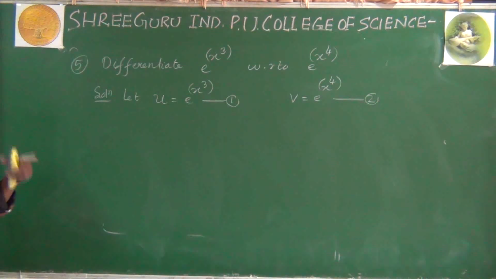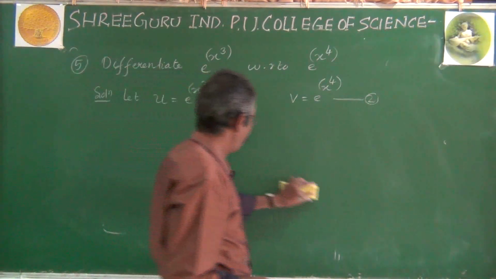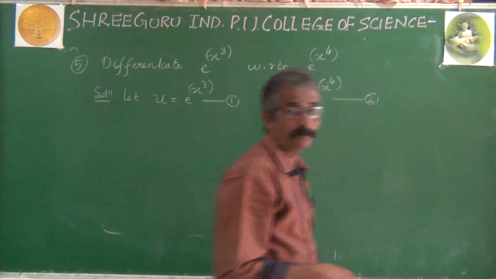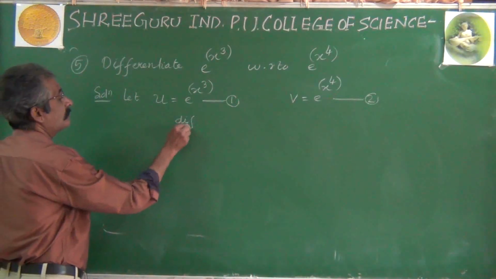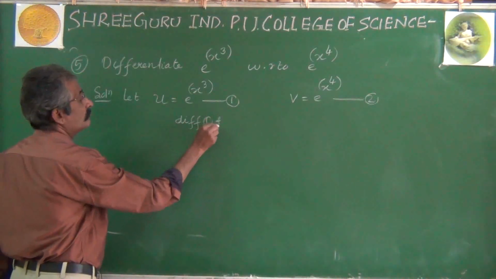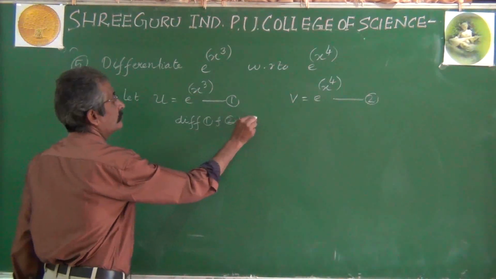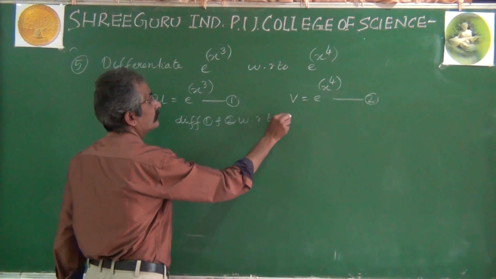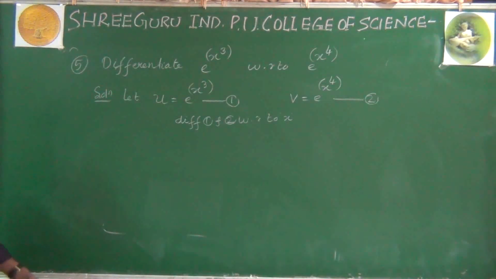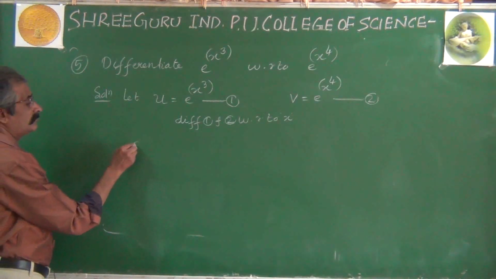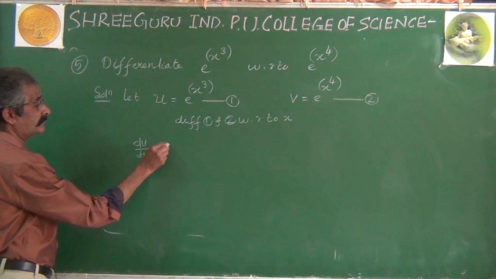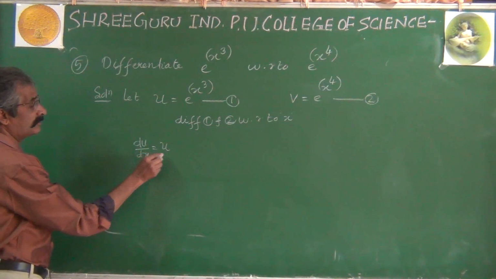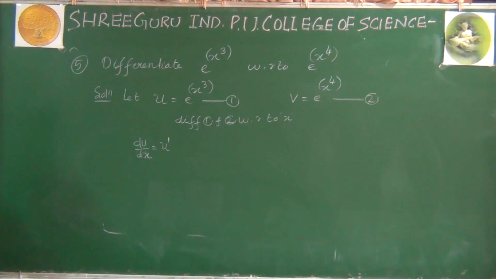Next up, as you know from the last 4 problems, differentiate 1 and 2 with respect to x. So differentiating 1 and 2 with respect to x. Du by dx, or other notation u dash.